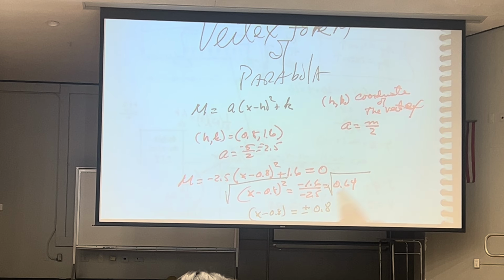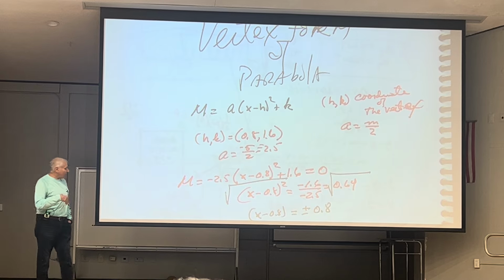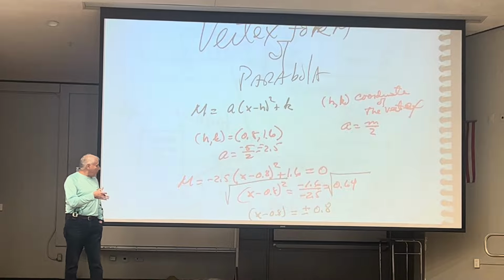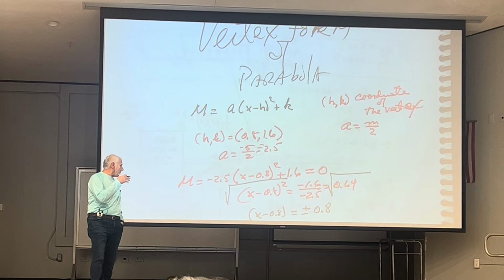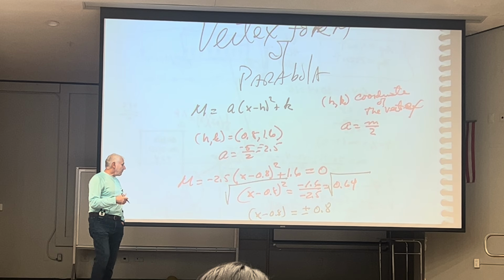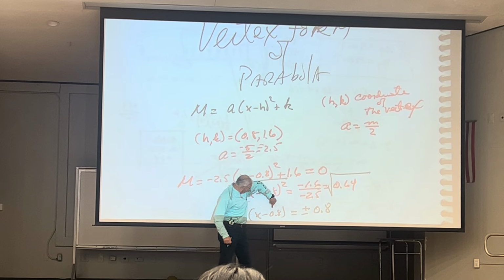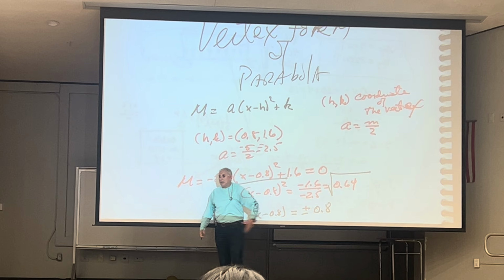When I take the square root, it's either plus or minus. So therefore, x1 is 0, x2 is 1.6. If I use the negative, I get 0.8 minus 0.8, which is 0. And if I use the positive, it's 0.8 plus 0.8, that's the 1.6.